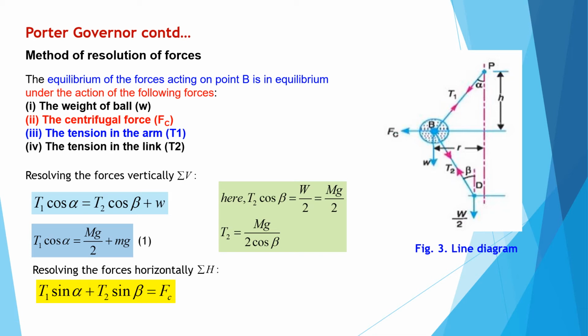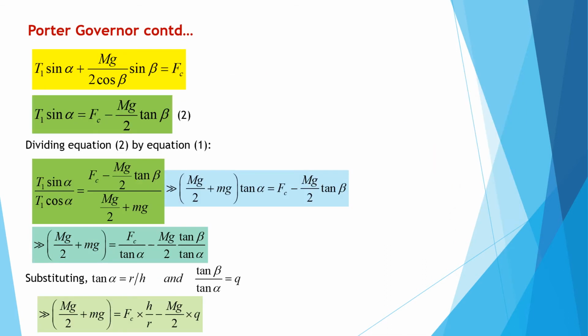Then resolving the forces horizontally, T1 sine alpha plus T2 sine beta is equal to the centrifugal force. By substituting the value of T2 in equation 2, we get the final equation, that is T1 sine alpha is equal to centrifugal force minus capital M into g by 2 into tan beta.